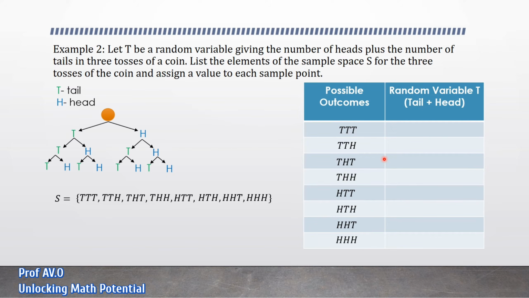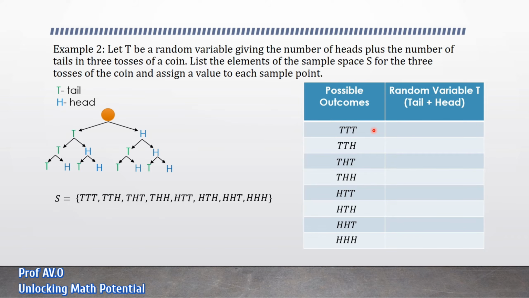To get the values for the second column, the random variable T, first let's count our number of tails and add it to the number of heads.